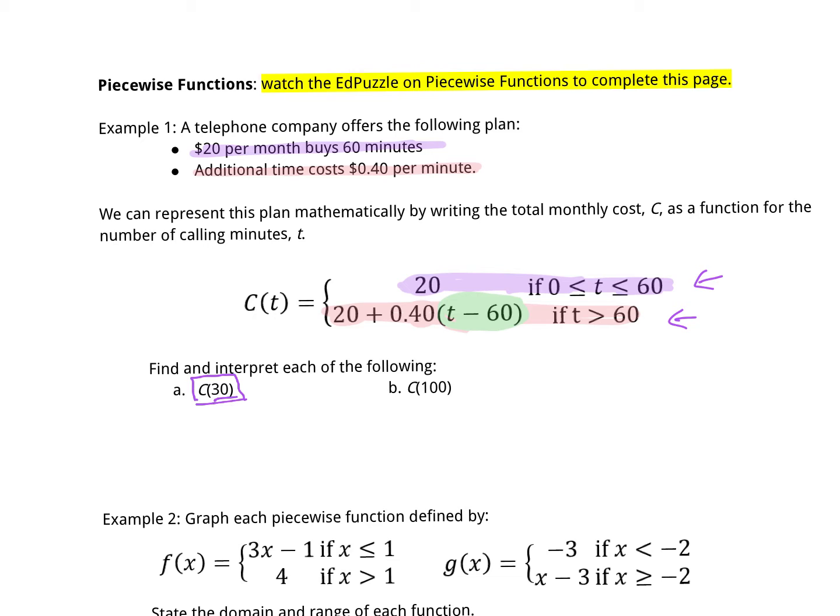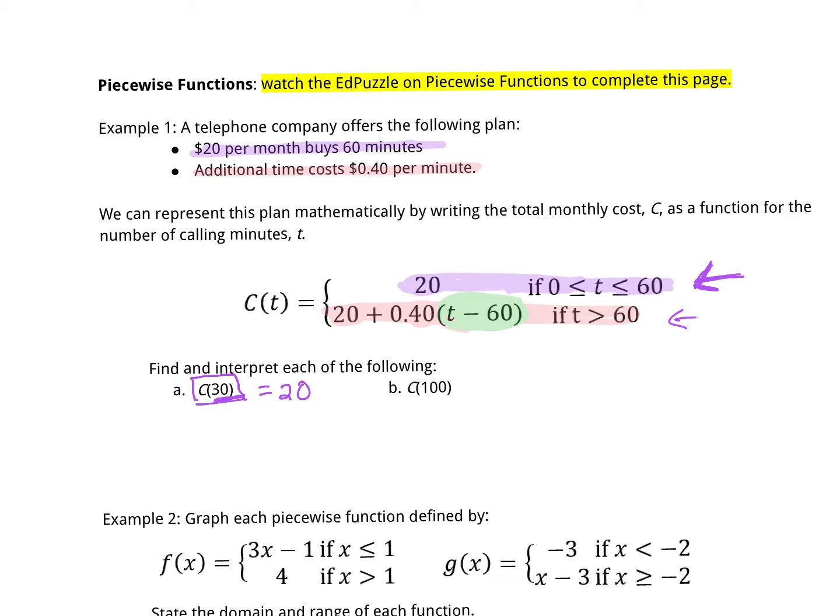This is a time t of 30, using your phone for 30 minutes. So we use the first statement, and if we talk for 30 minutes, we only pay $20.